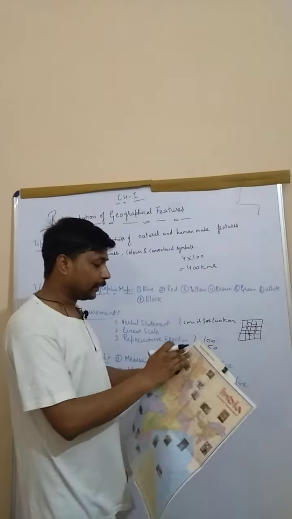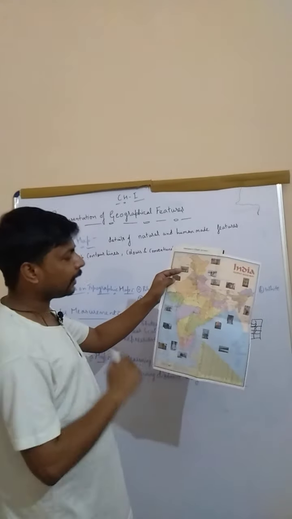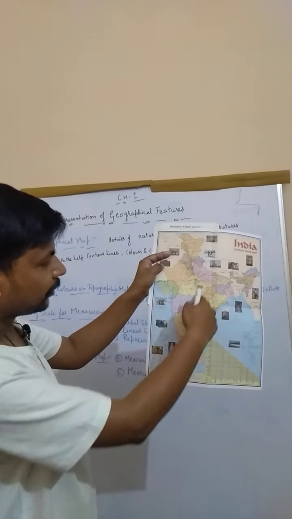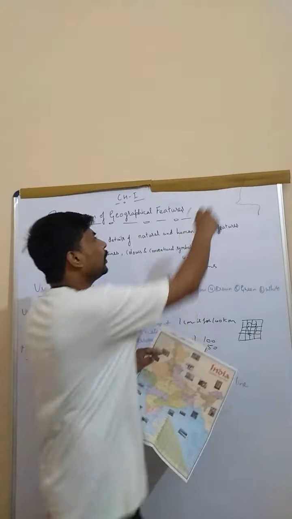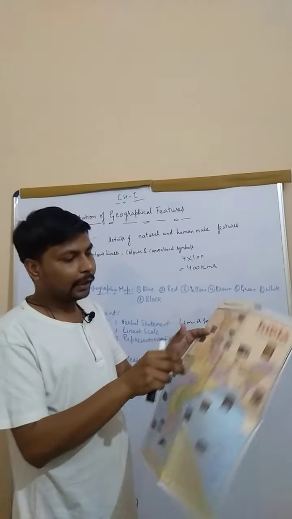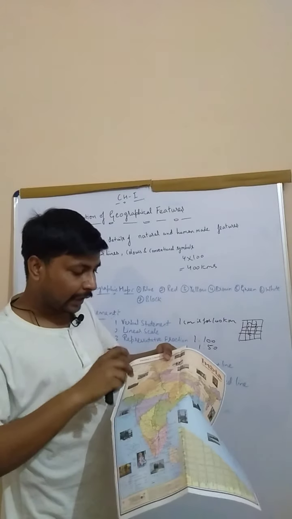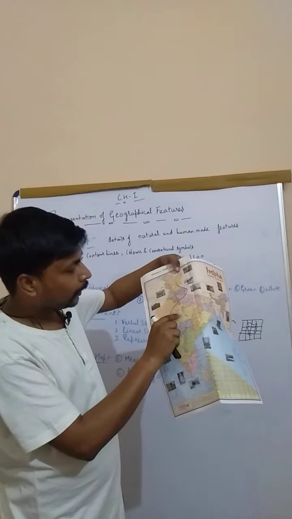The second thing is how to measure distance along a curved line. Suppose we have a railway track, and you can see this track is not on a straight line. To measure that, you can take a thread, right? Suppose I have to measure the distance along this railway track from Delhi to Bhopal.